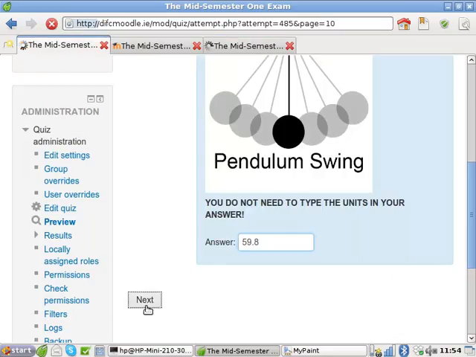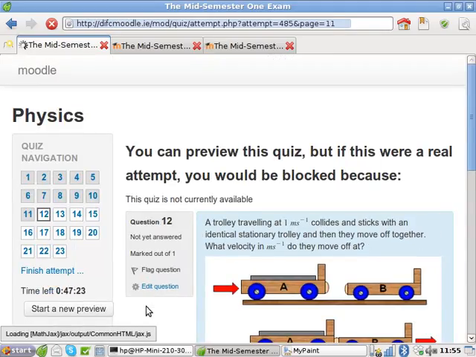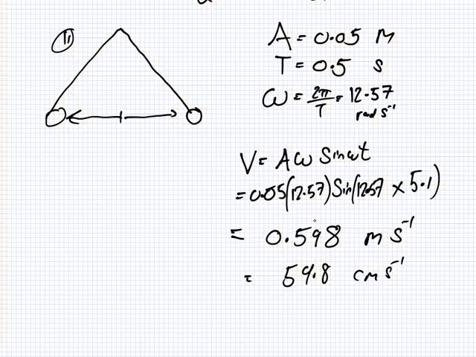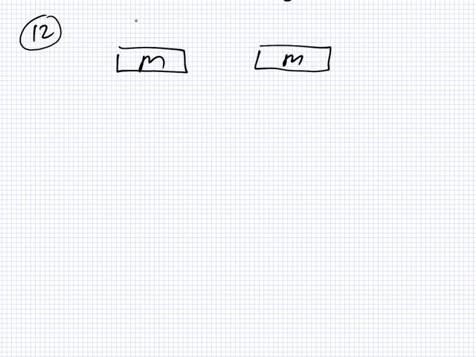Next one. A trolley traveling at 1 collides and sticks with an identical stationary trolley, and they move off together. At what speed? So, trolley here, mass m. Trolley here, mass m. u1 equals 1, u2 equals 0.